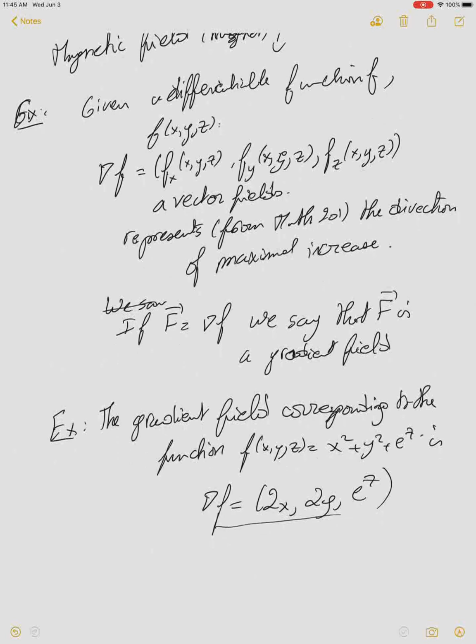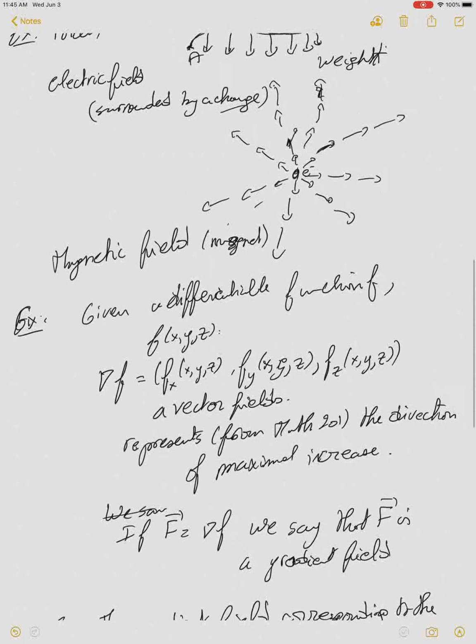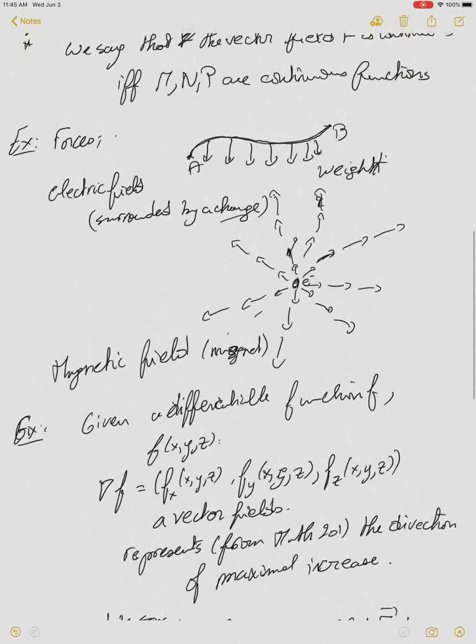Now I want to know the effect. Let's say I have a motion of some particle, and I have a vector field that acts on this moving particle. I want to know the effect of this vector field over the motion of the particle, which in physics we usually call the work of a force.